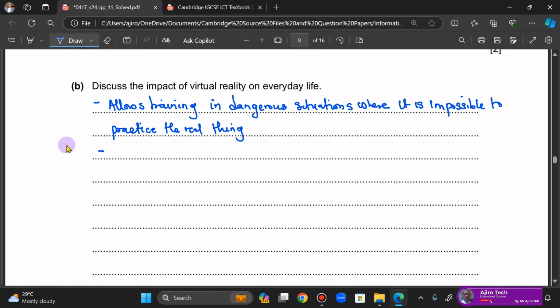It allows people to retain knowledge much better than reading about it in a book.